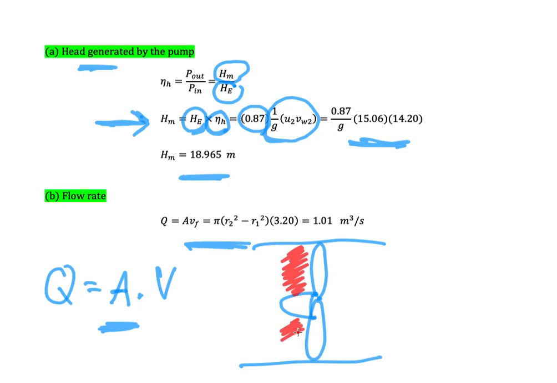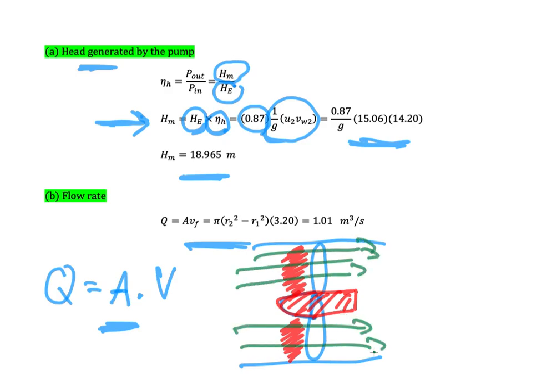You need to deduct all the area with the area of the hub here. Because the idea is simple, the flow is not flowing go through the hub. Okay, so we will calculate the equation like this one, and then we could get that the flow rate is equal 1.01 meter cube per second.